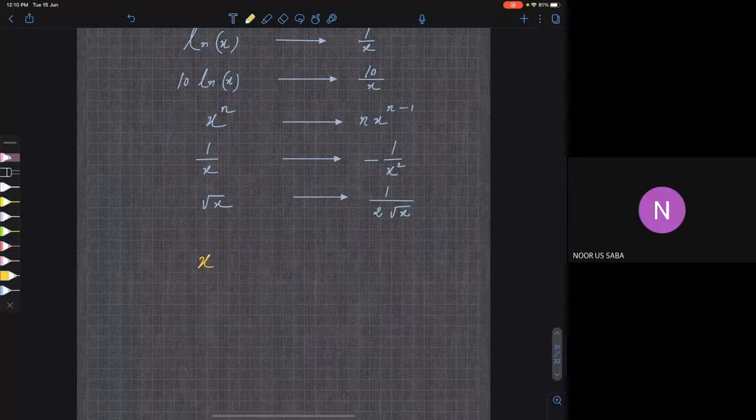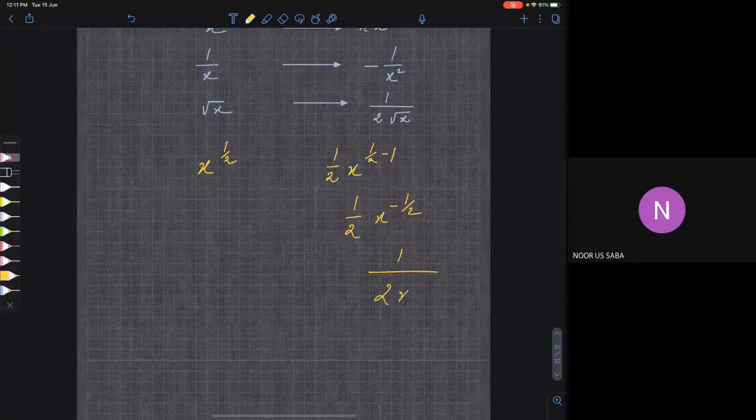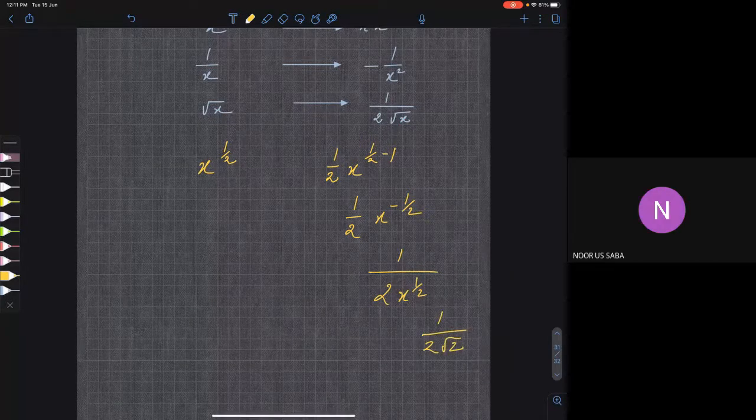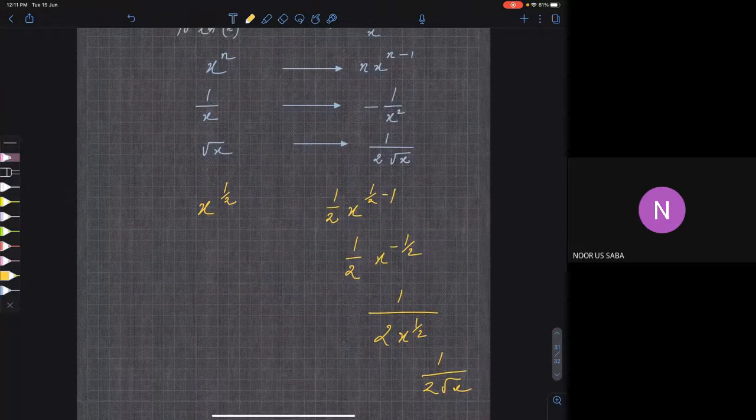See, x power half, the derivative is half x power half minus 1, right? So it is half x power minus half, which is 1 by 2 x power half, which is 1 by 2 root x. Clear? Yes, sir. So you can find these two formulas based on this x power n, but I recommend you remember these two. This will be common.